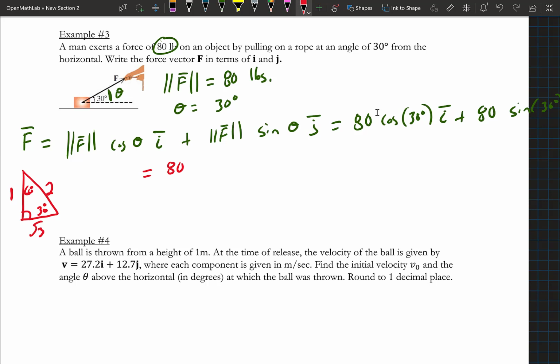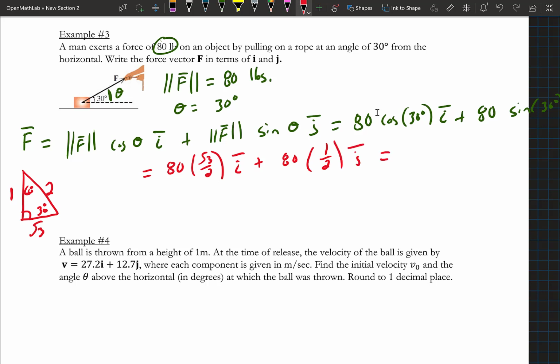So cosine of 30 would be radical 3 over 2 times i. And then this would be plus 80 times, so sine of 30 would be 1/2, times vector j, right?